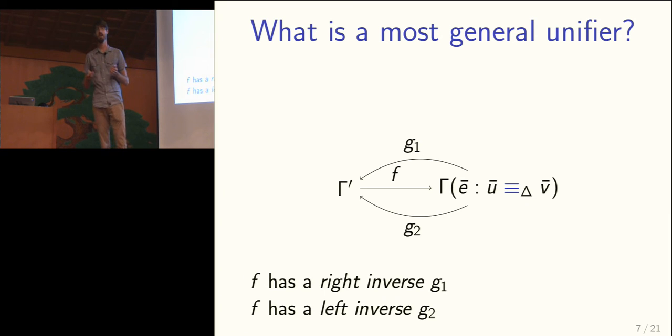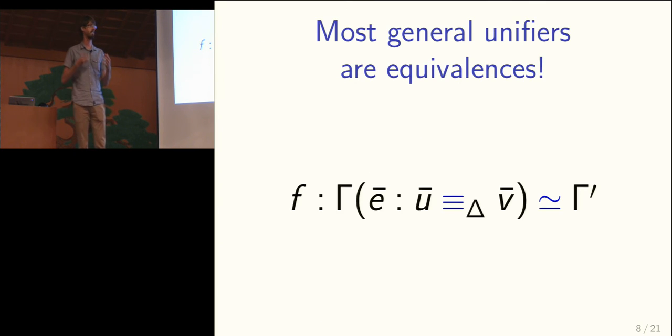If you know any type theory, then you may recognize this as exactly the definition of an equivalence. So we can conclude that a most general unifier is an equivalence between this telescope and a reduced telescope gamma prime. This is very nice because we have a lot of theory in type theory dealing with equivalences, so we can just reuse all this theory to work with these unifiers, or most general unifiers.